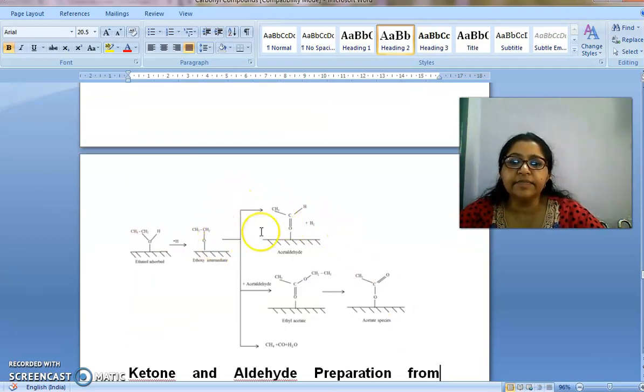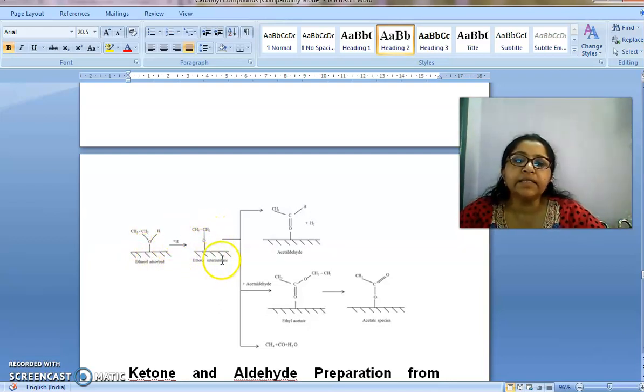What happens in this mechanism is that we have used copper. This copper is the catalyst here, so it is acting just like a stage or a platform. See here what is written: ethanol absorbed, meaning the alcohol will get absorbed here. The lone pairs on oxygen will act on it. It will be absorbed on the copper, and then one H will be leaving.